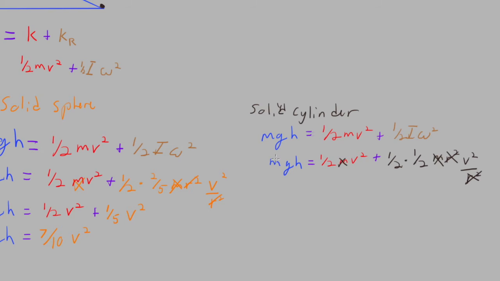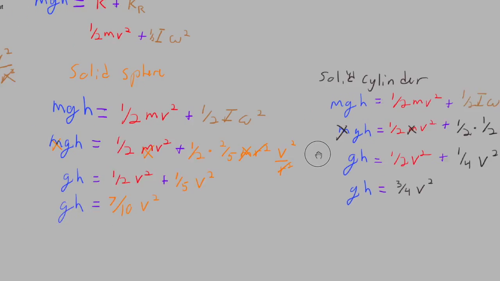That should explain why the mass didn't matter. But what I can't divide out is this 1/2 times 1/2. And so I still end up with gh equals 1/2 v squared plus 1/2 times 1/2 would be 1/4, 1/4 v squared. And so my final velocity of a solid cylinder would be equal to 3/4 v squared.